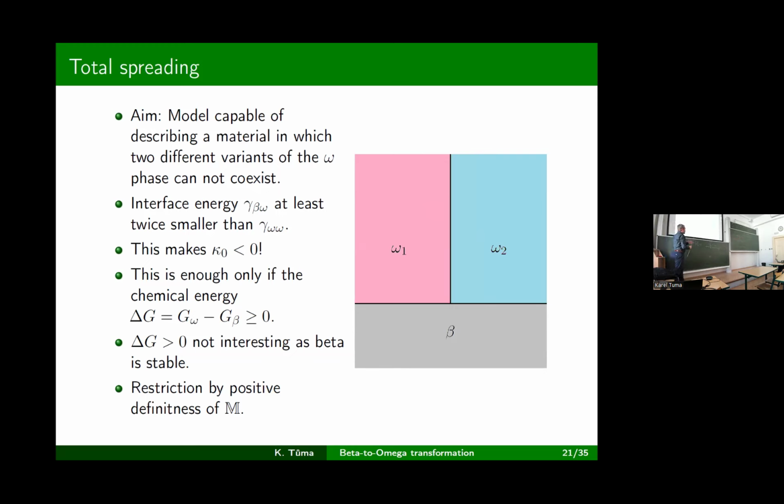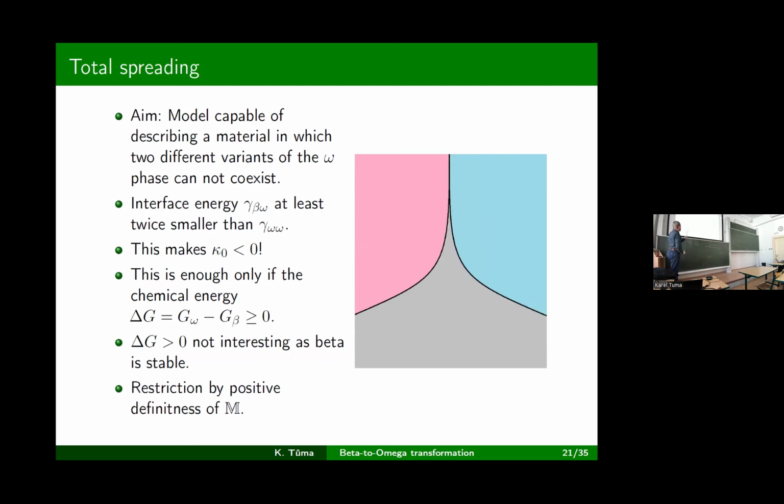This seems quite easy. The interface energy between beta and omega 2 is gamma beta omega. Between beta and omega 1 also gamma beta omega, the density, and between two different omegas it is gamma omega omega. So the idea is quite easy. If we make gamma omega omega more than 2 times larger than gamma beta omega, it will be more preferable to create two interfaces, omega 1 beta and beta omega 2, than to have directly omega 1 omega 2.